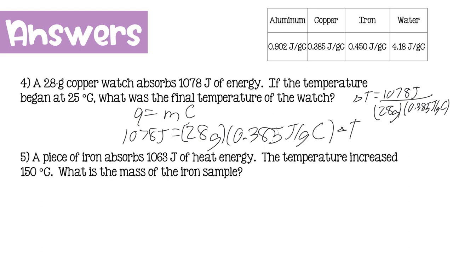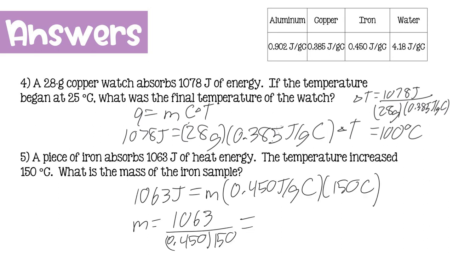And when you type that into your calculator, you get 100 degrees Celsius. You will do the same thing for number 5 to get the formula. m equals 1063 over 0.450 times 150. So when you type that in the calculator, you get 15.74 grams.